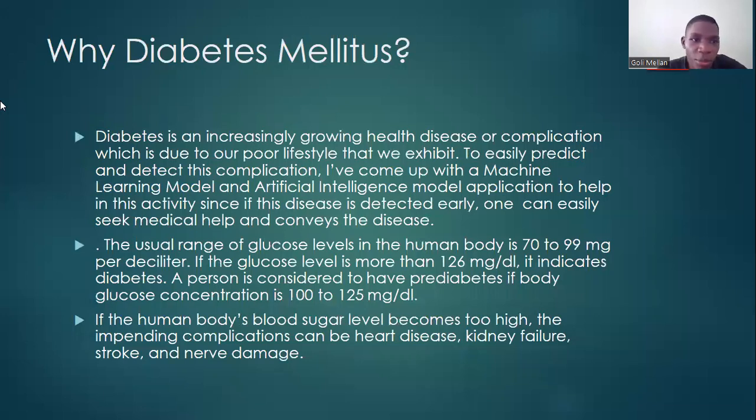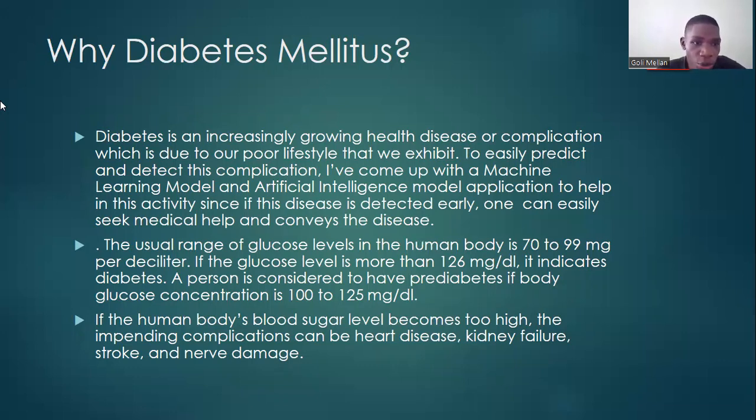Why this disease? It's growing so fast due to our poor health lifestyles. We consume a lot of sugars. A very big percentage of the food we eat contains sugars.